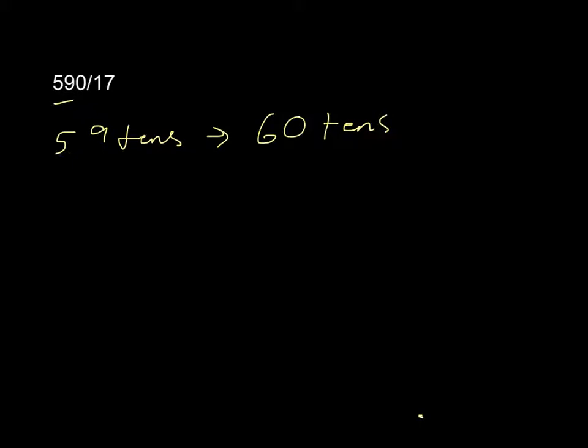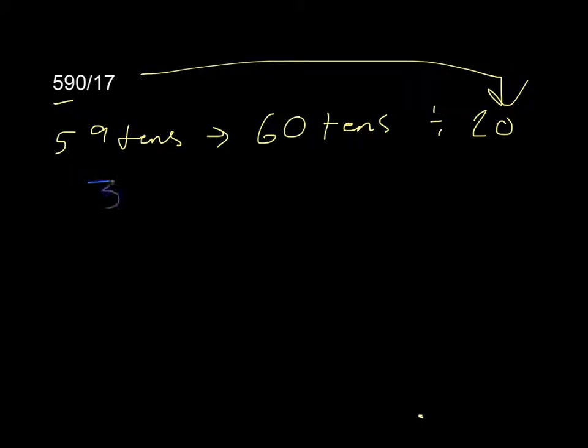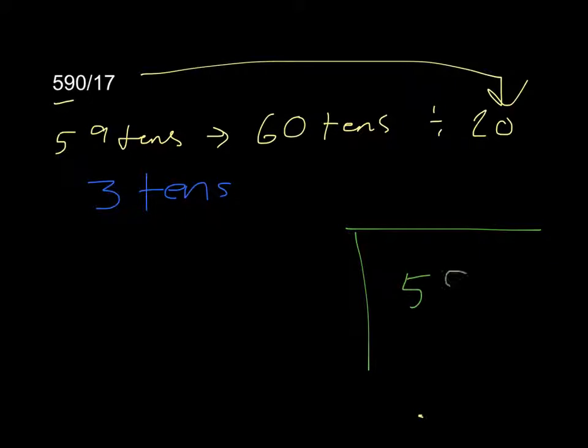And 17 then rounds to 20. So 60 tens divided by 20 results in 3 tens. And I'm going to write that all on here now. 590 divided by 17 is, they're saying 3 tens.